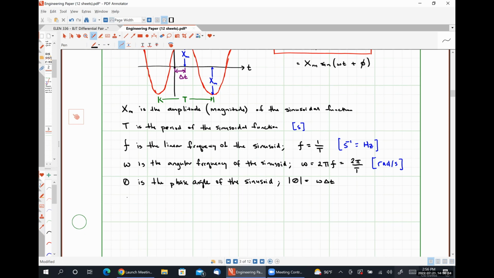So if the sinusoid is shifted to the right, so what this means is that the peak value occurs at a later point in time than it would with a phase angle of 0, then theta is negative.